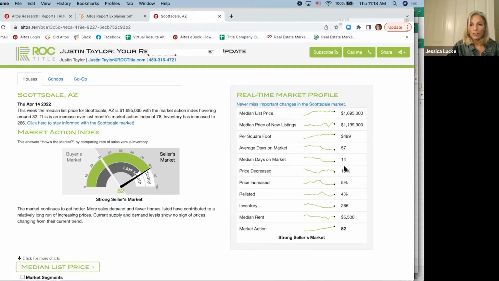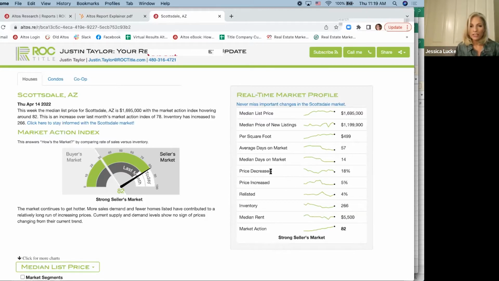Okay. Now, I'm going to flip it for a second because this statistic really works well when dealing with sellers. So when you're dealing with sellers, one of the more difficult conversations to have, although it's not happening as much as it has in the past, is having to take a price reduction. You want to keep your sellers engaged and informed about what's happening in the market as you go through that whole process.